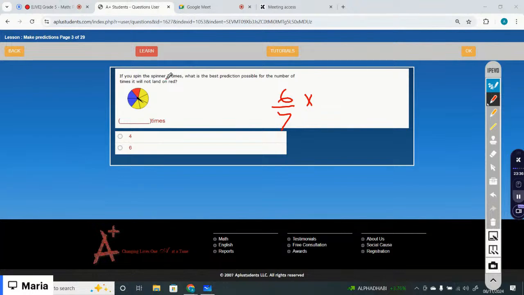Multiply by 7 times because you spin the spinner 7 times. 7 and 7 cancel out, you are left with 6. So the correct option is option number 2.